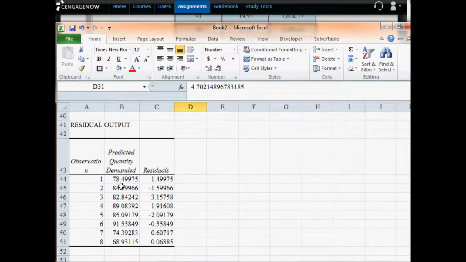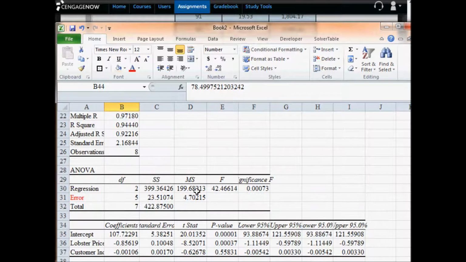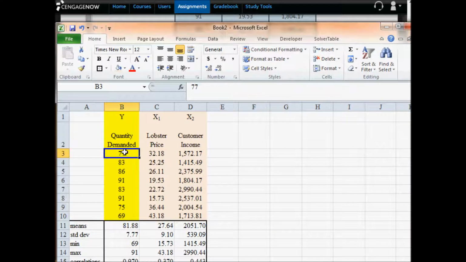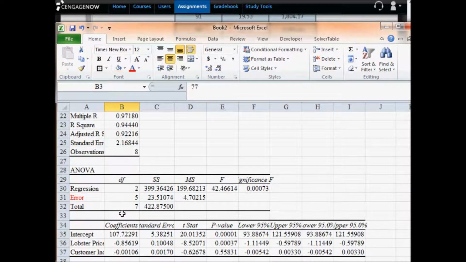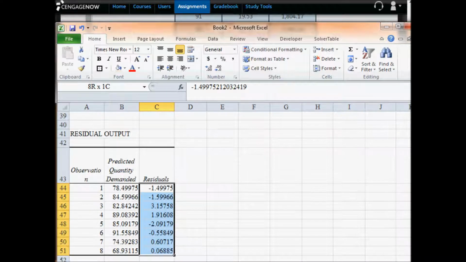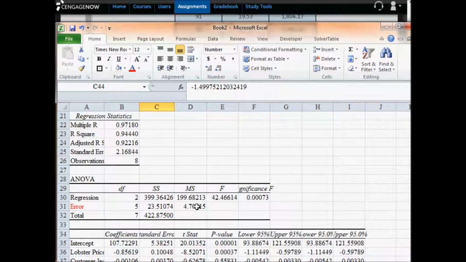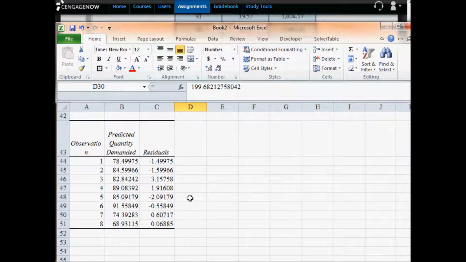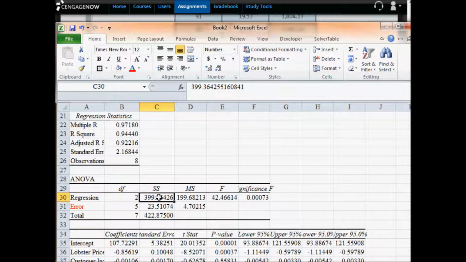If I divide the SST by 7, I get the variance of y. The variance of the residuals is the MSE, which is the SSE divided by its degrees of freedom. And then the MSR is the variance of this column, which is found by dividing the SSR by its degrees of freedom.